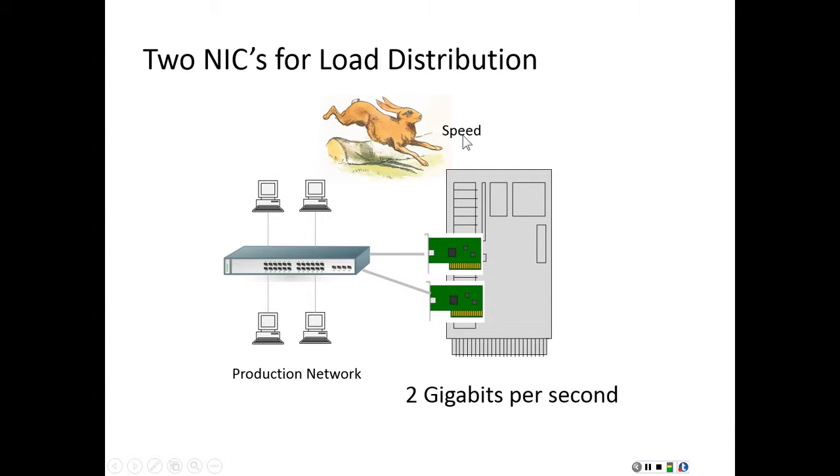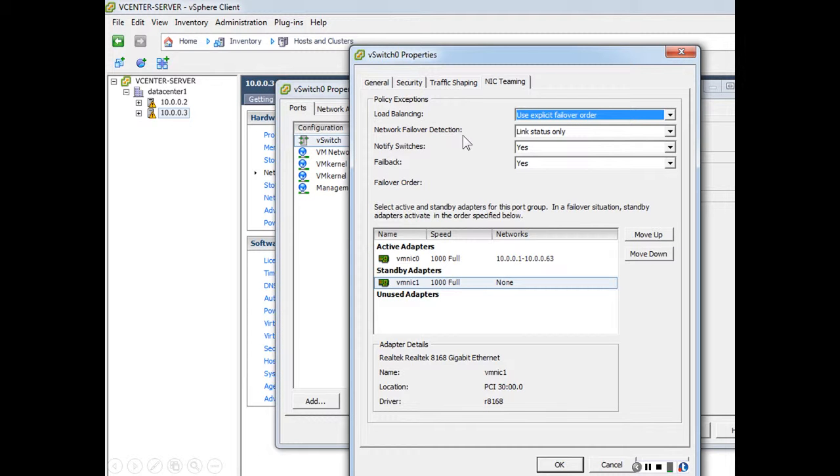For greater speed. If we look at the configuration of this virtual switch, we can see it's not configured for load balancing. We have an active adapter and a standby adapter, and the standby adapter doesn't do anything until the active adapter fails.